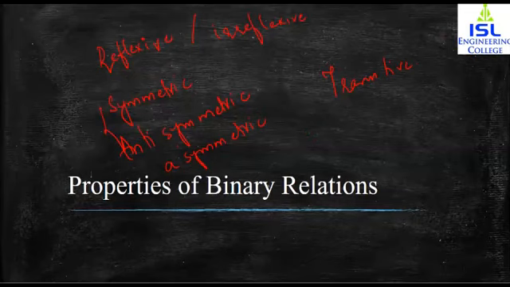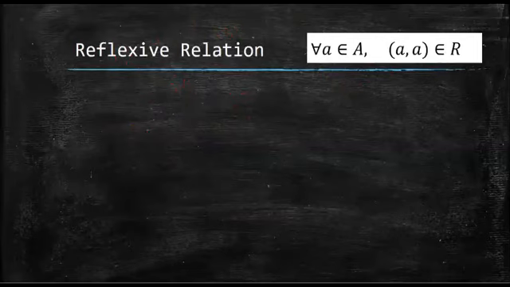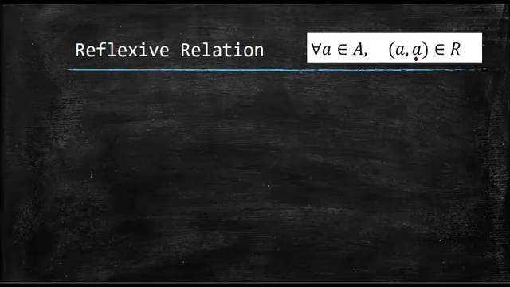Let's see the first one, which is reflexive relation. Reflexive relation is basically defined in this way. For any element A which belongs to the set A, if A comma A belongs to R, then it is known as reflexive.